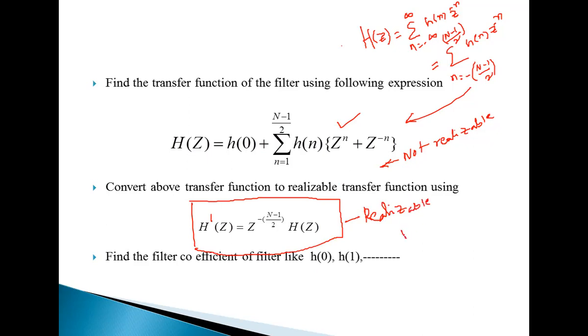After that we can calculate the filter coefficients, like h of 0, h of 1, up to h of N minus 1.